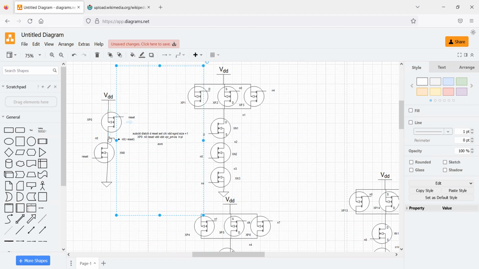So we have N0. Of course, the first line is normally disregarded in the netlist, so you can just write the name, write a star and a comment or the name of the function or anything. Then we use a subcircuit, write everything in between, and then .eom.